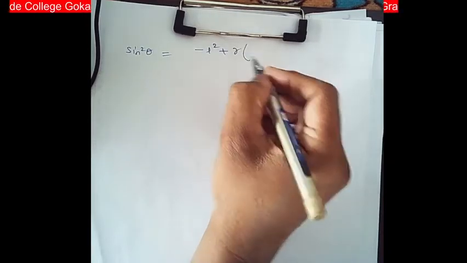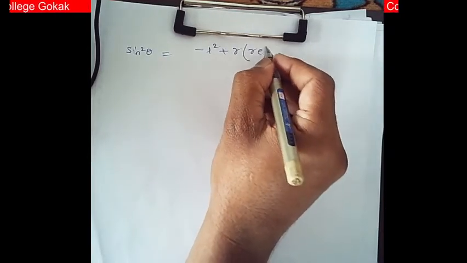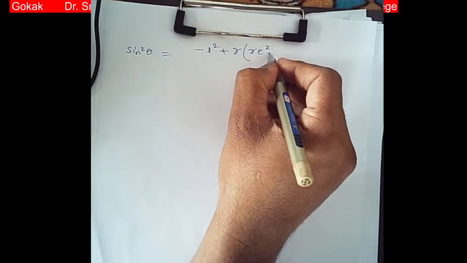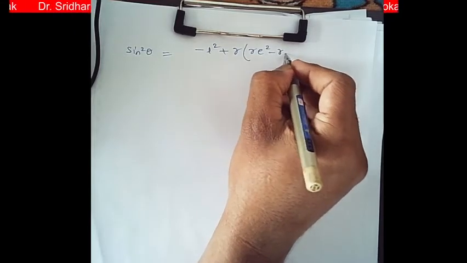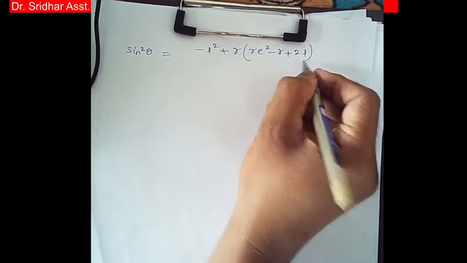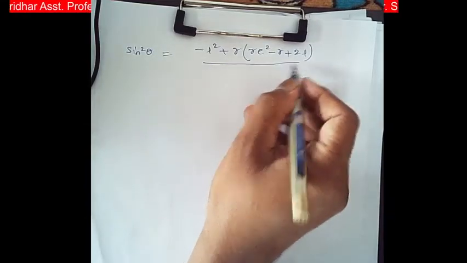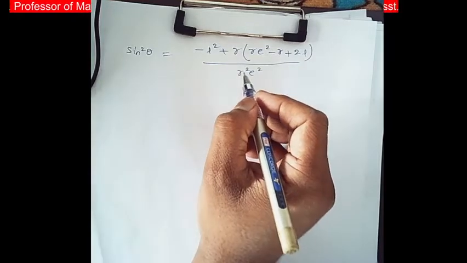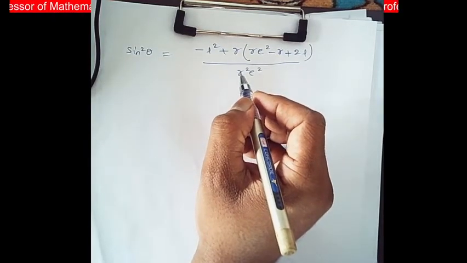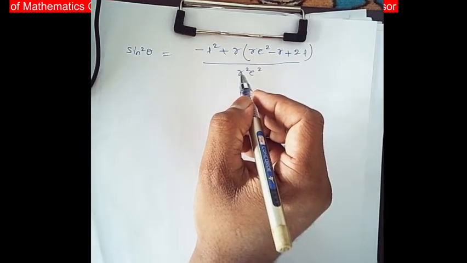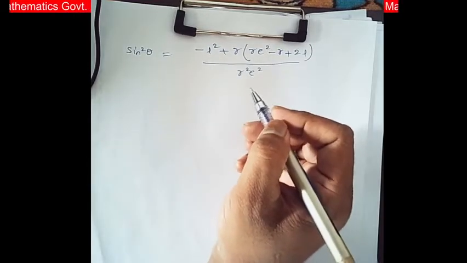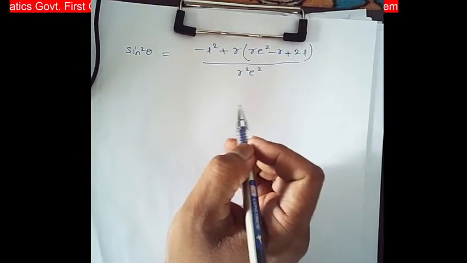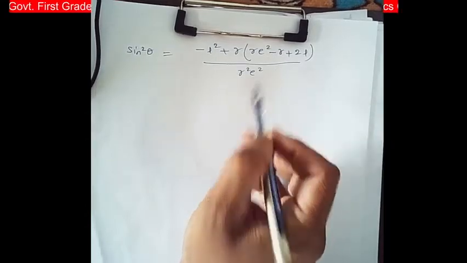In the bracket we get r into e square, then minus r, then plus 2l, whole divided by r square e square. Okay, so now this is what sin square theta is.